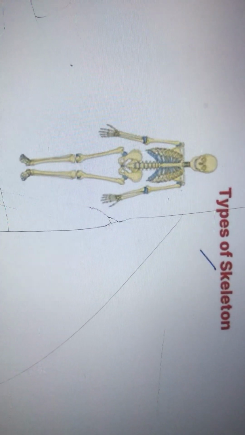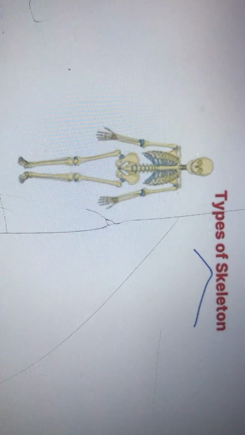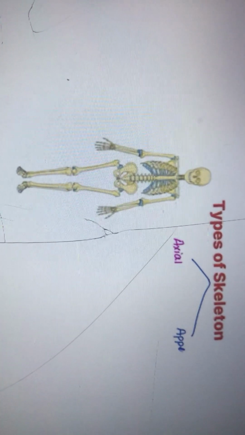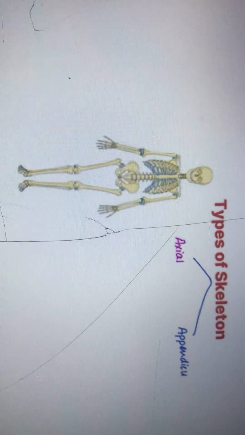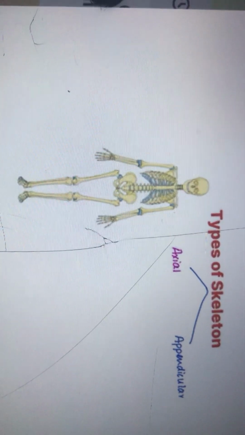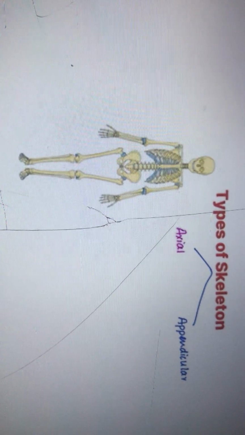Remember, the human skeleton is organized into two distinct regions. What are they? First, we have the axial skeleton, and then we have the appendicular skeleton. Now, what exactly is the meaning of axial skeleton? The axial skeleton includes all the bones that are present in the central axis of the body or close to the central axis.